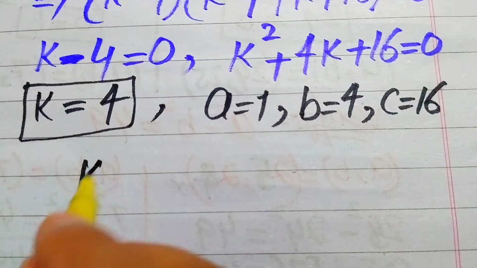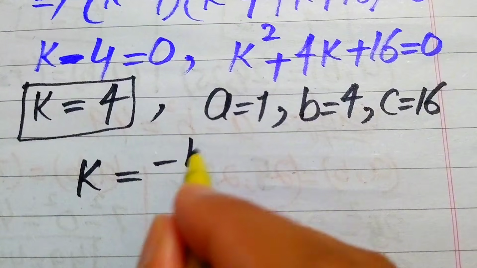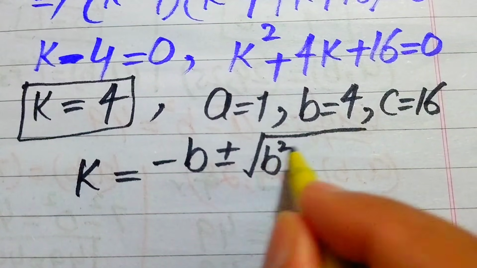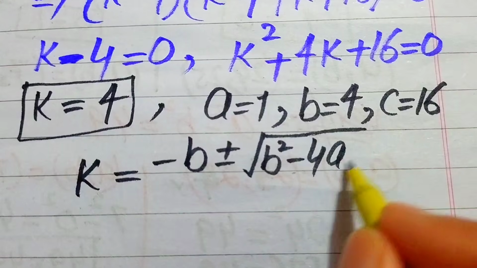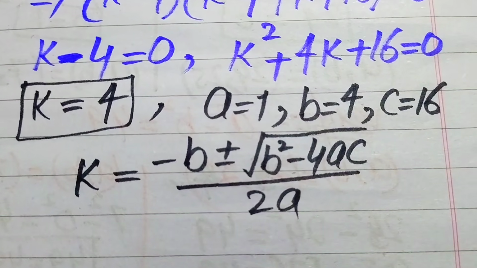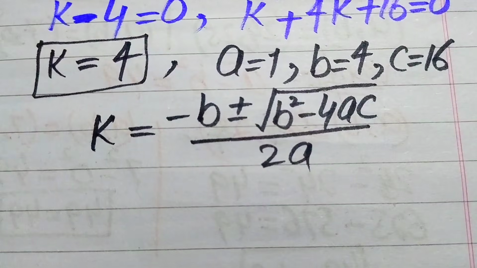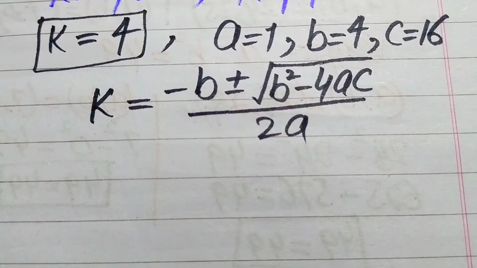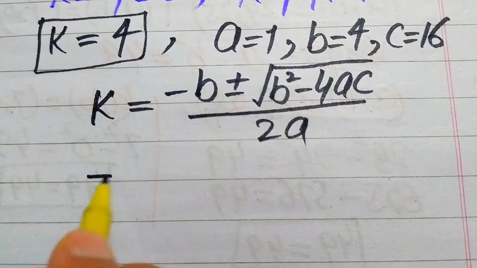We state the quadratic formula as k equals minus b plus minus square root of b square minus 4ac, divided by 2a.